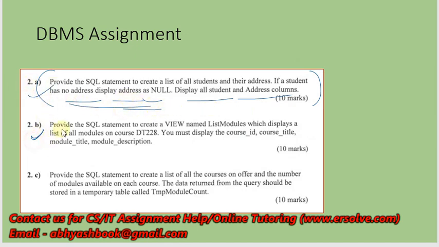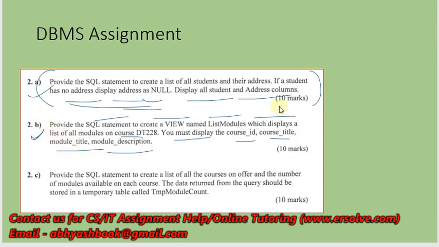and question 2b says to provide the SQL statement to create a view named list modules which displays a list of all modules on course DT228. You must display the course ID, course title, module description.